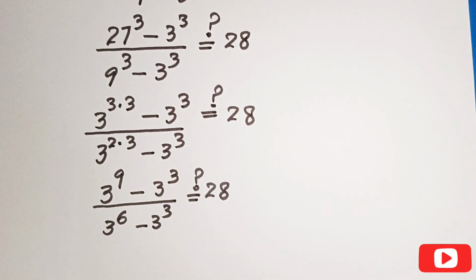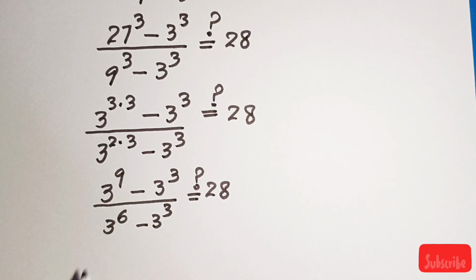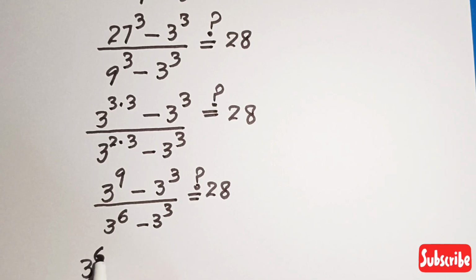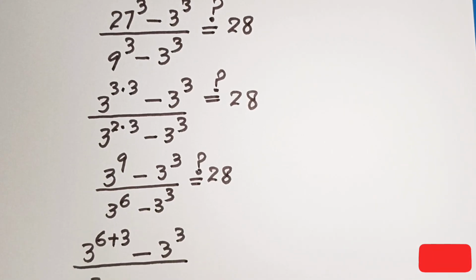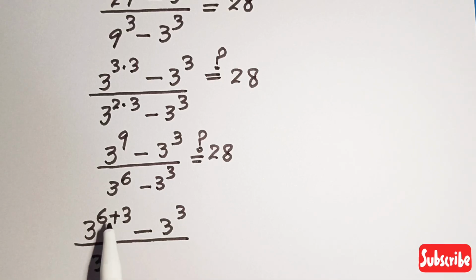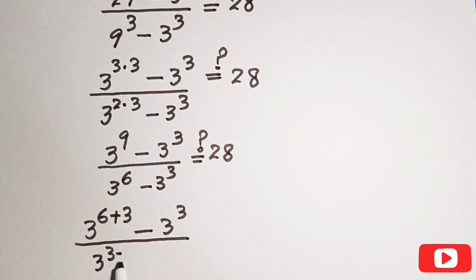Now our next step is, this 3 to the power 9 can be written as 3 to the power 6 plus 3, minus 3 to the power 3, all over 3 to the power 6 minus 3 cubed.